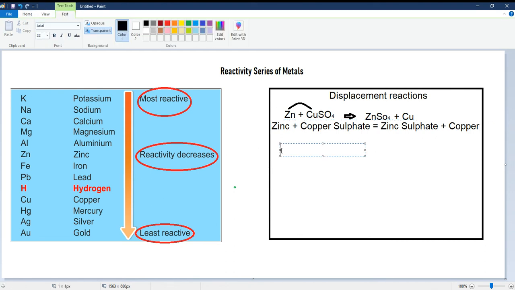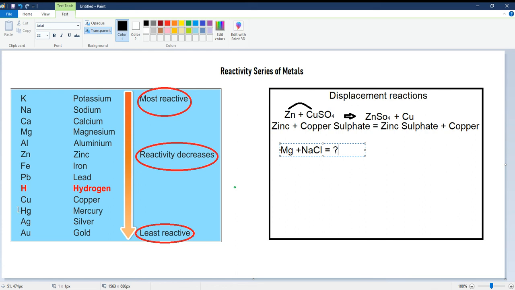Now let me give you another example. You will tell me the answer for this one. How about we have Mg plus NaCl. What do you think that will give you? I'm going to give you 5 seconds.